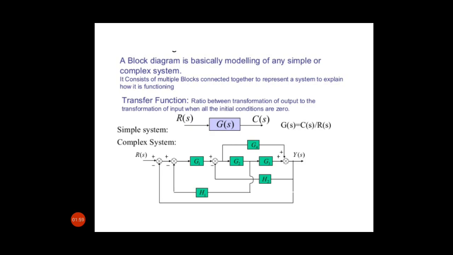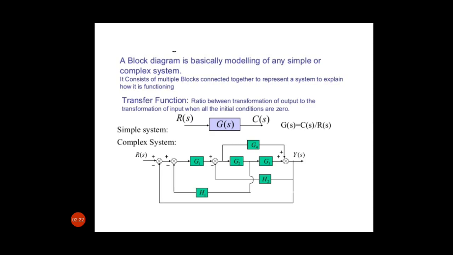Transfer function is basically the ratio between the transformation of output to the transformation of input when all the initial conditions are 0. This is a simple system, a simple open loop system.